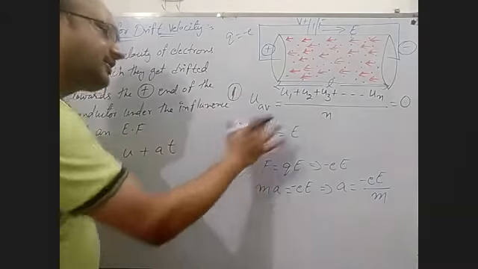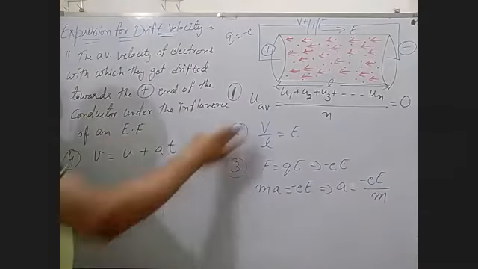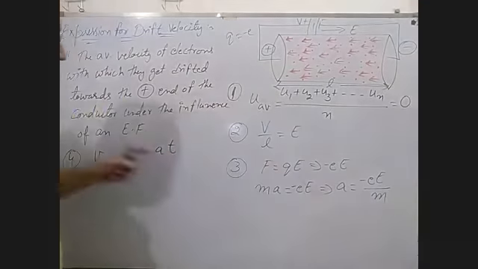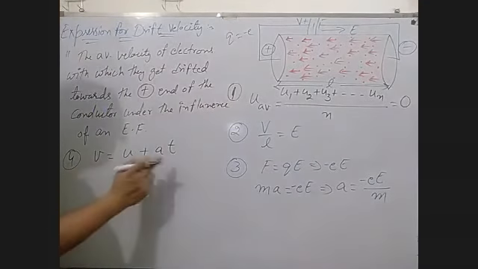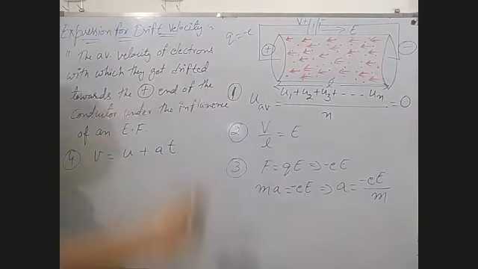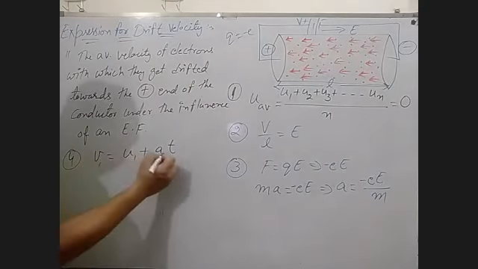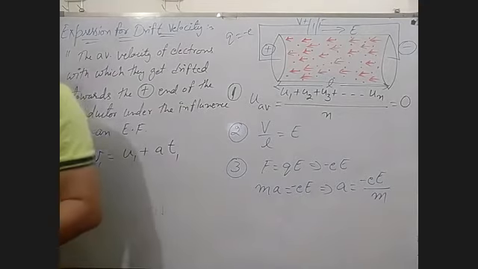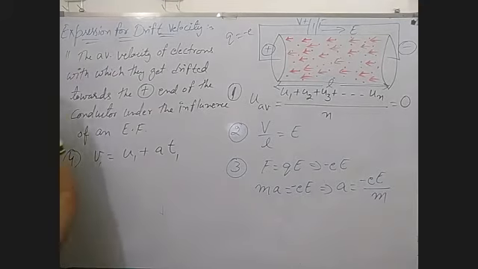These are the values which we have to use in this, that's why we are calculating all these relations first. Now we know that v is equal to u plus at here, because in case of uniform acceleration we can take this formula. But for one electron, suppose the first electron, all the values are v1, u1 and t1 you can take, but the a value is constant because of uniform acceleration for each electron. Okay, all electrons have the same acceleration.